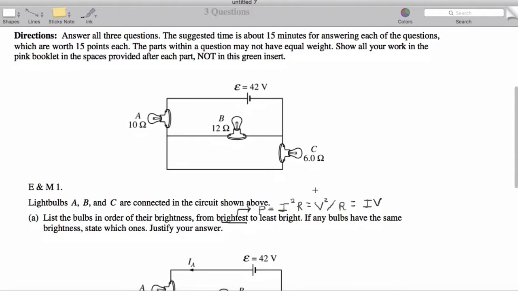So keeping this in mind, let's figure out what's going on with the circuit. We have the 6 and the 12 ohm light bulb in parallel. So what that means is that RBC is going to equal (1/12 + 1/6) to the negative 1.